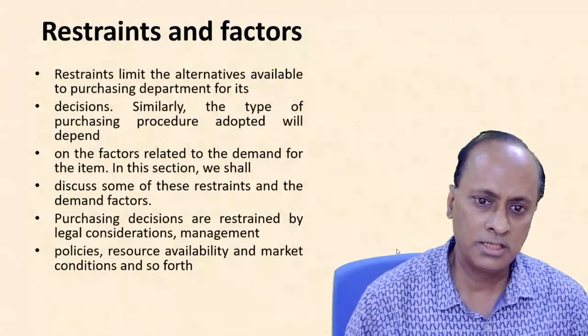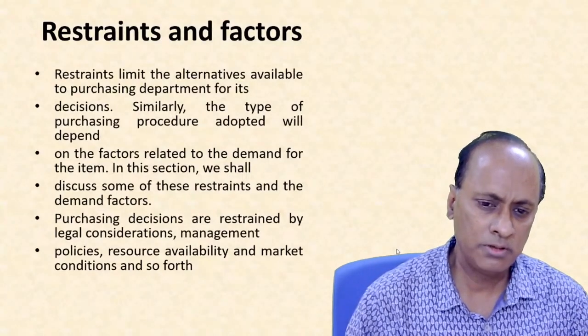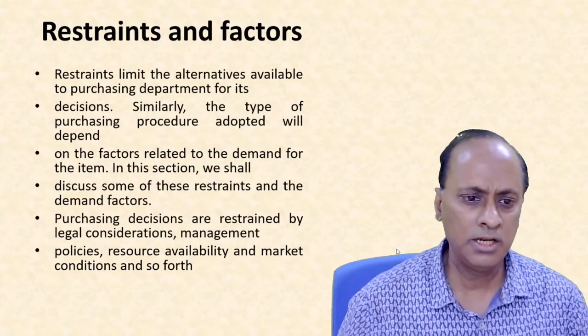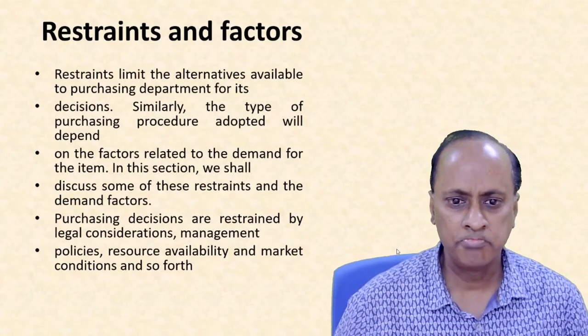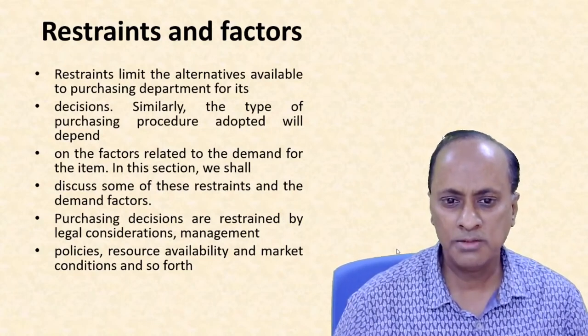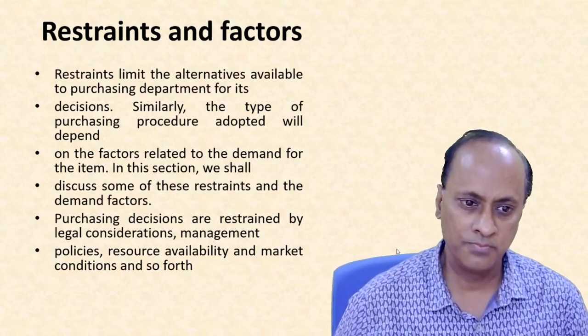Purchasing decisions are restrained by legal considerations, management policies, resource availability, market conditions, and so forth. For example, legal considerations: suppose a producer in Odisha cannot purchase a product from nearby Andhra Pradesh because of some legal considerations.